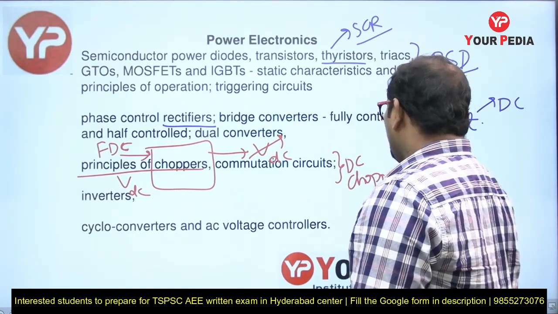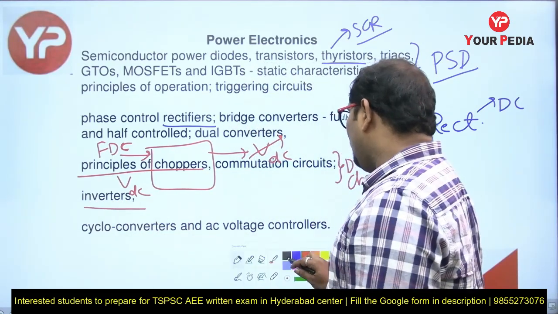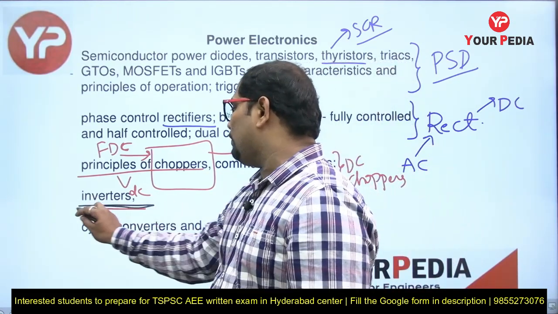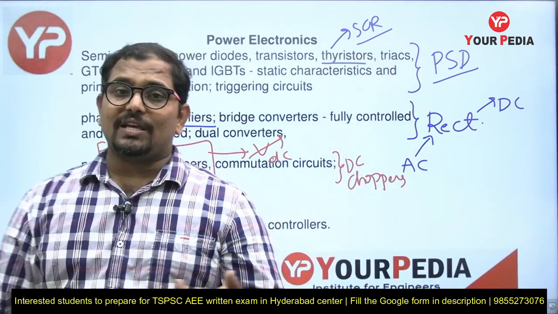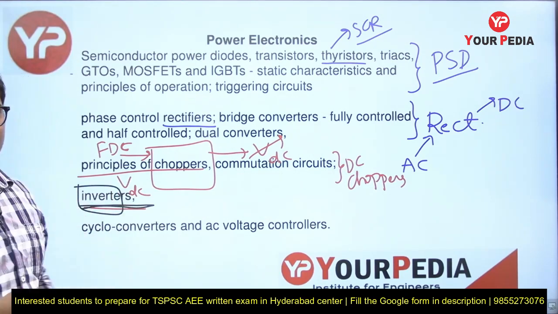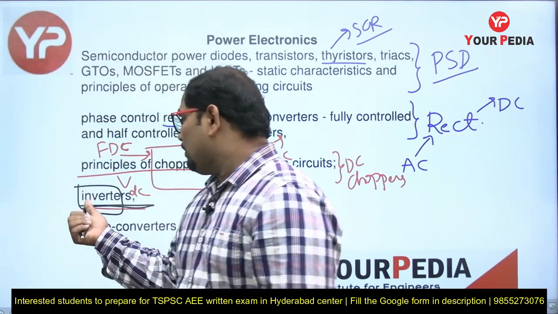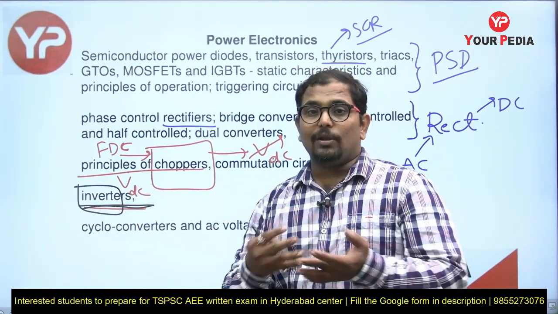Okay, the next module we are going to discuss is inverters. If you take the inverters, the third or fourth one, that is inverter. What is the purpose of an inverter? It converts the DC form of energy into AC form of energy. So here the input is fixed DC, but the output is variable AC.